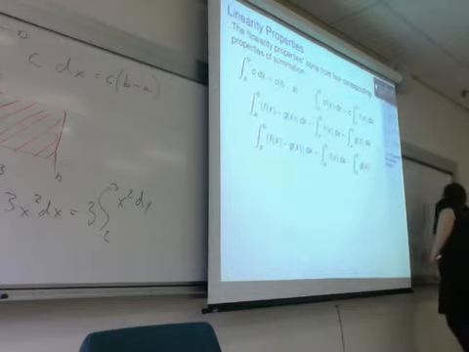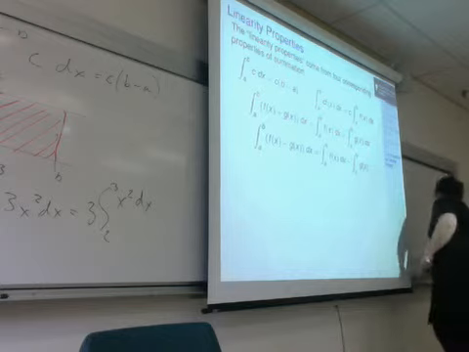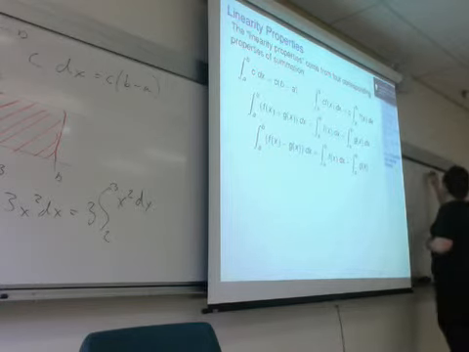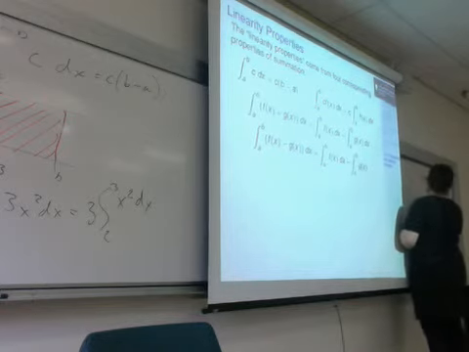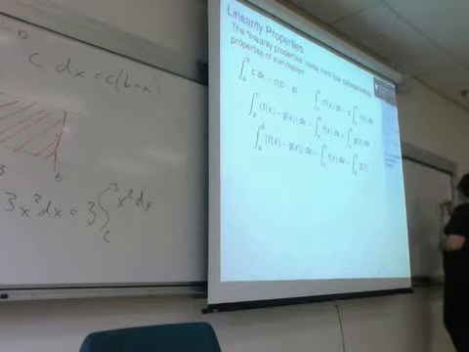So that second property says, for example, if we have the integral from 2 to 4 of x squared plus x cubed dx, it's the same thing as the integral from 2 to 4 of x squared plus the integral from 2 to 4 of x cubed.